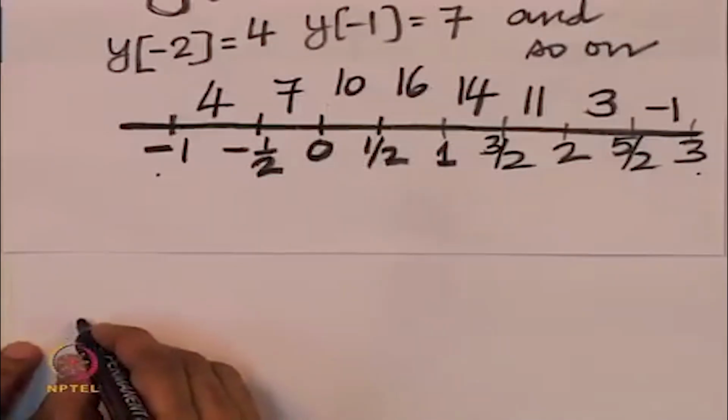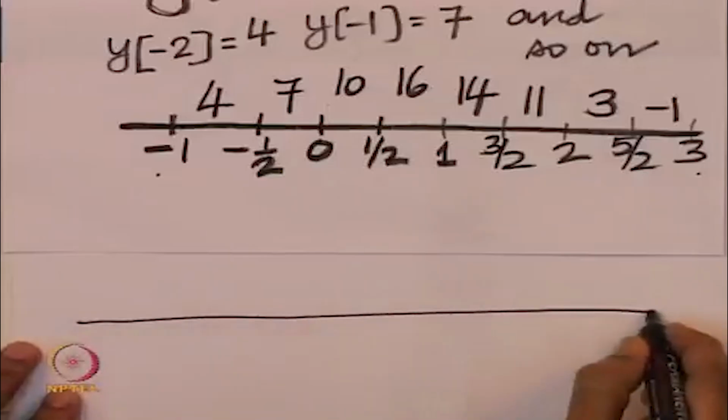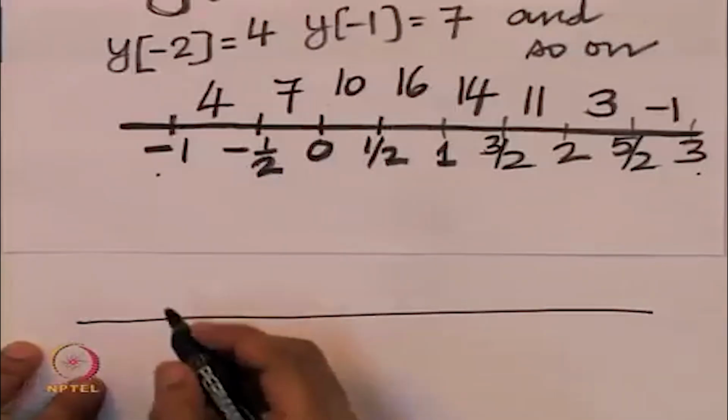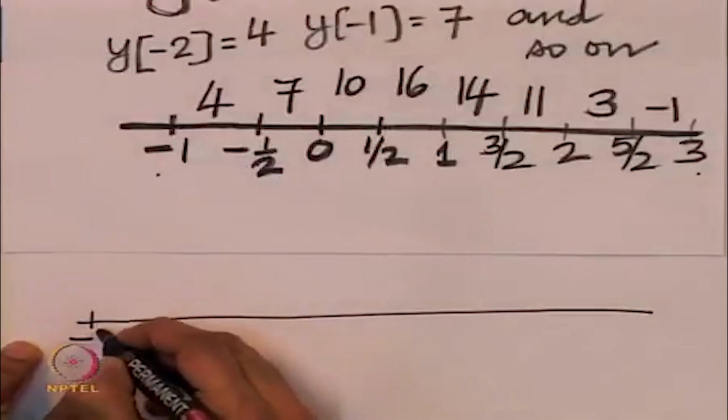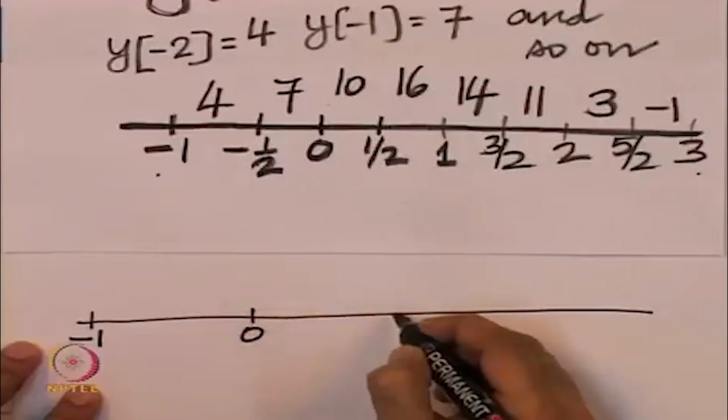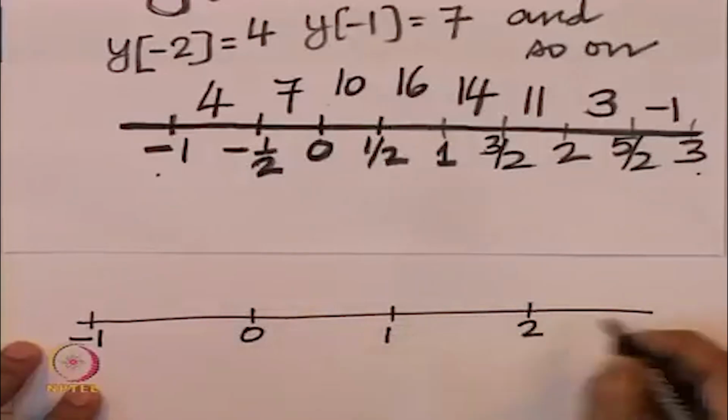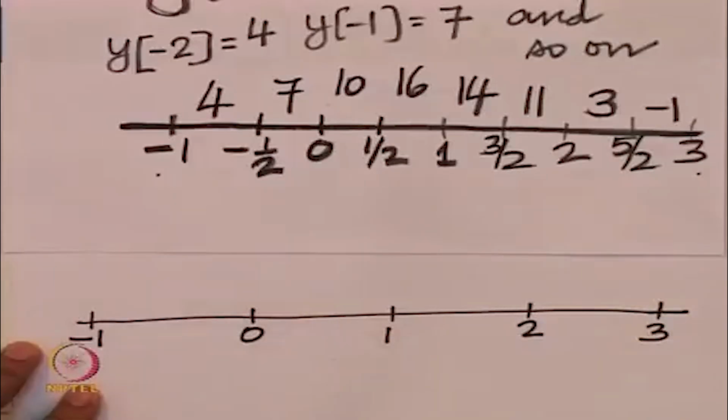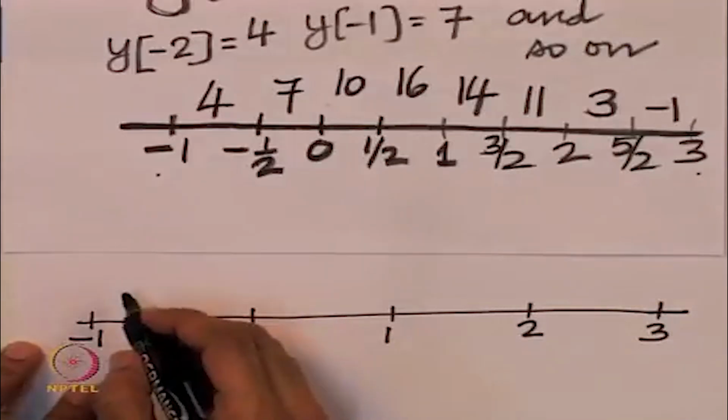This time I will explicitly indicate that we are using this basis. So, I have minus 1, 0, 1, 2, 3, and I am using a basis.